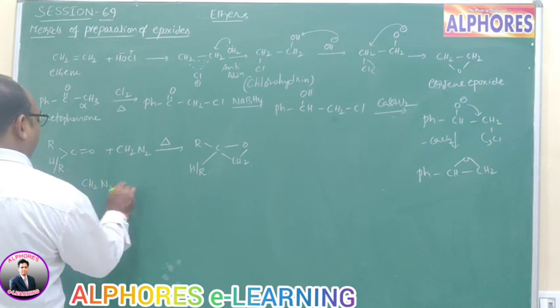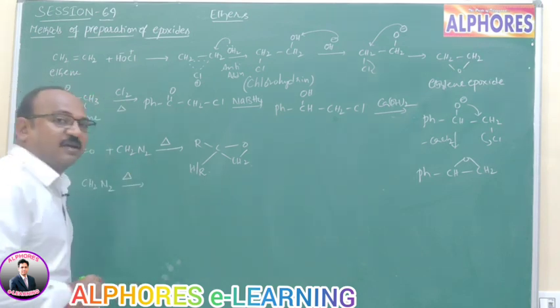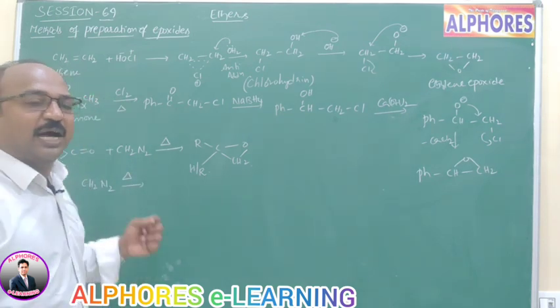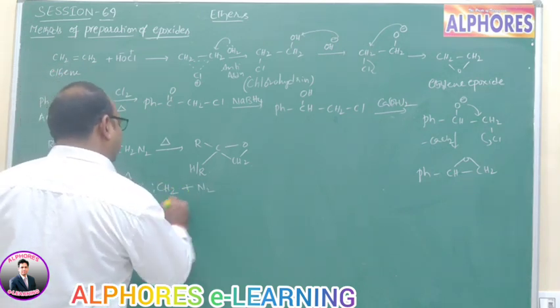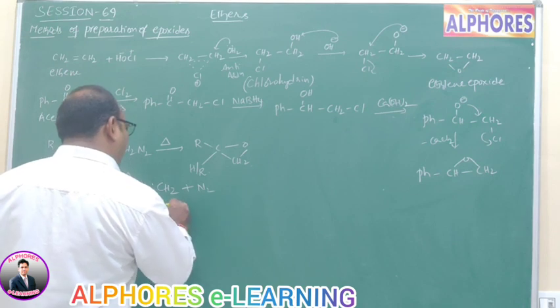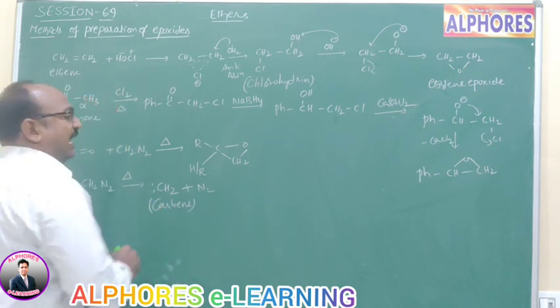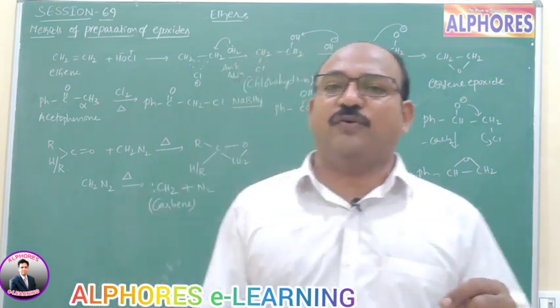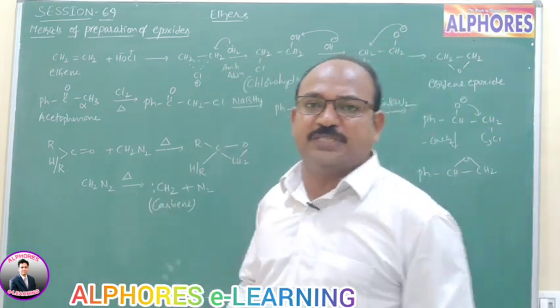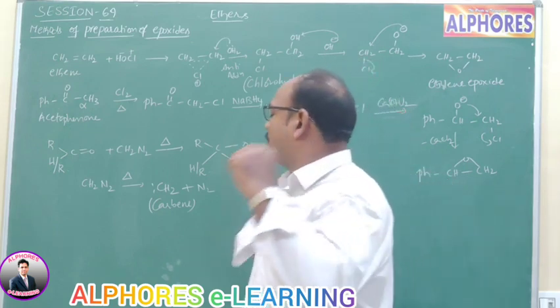Diazomethane, CH2N2, upon heating or in presence of sunlight, we learned that carbenes are generated: CH2 plus N2. This is carbene. As we know, carbenes are neutral electron deficient species which act as electrophiles.